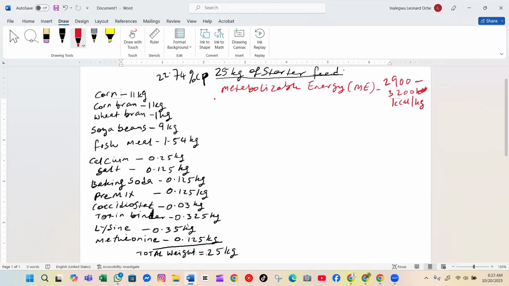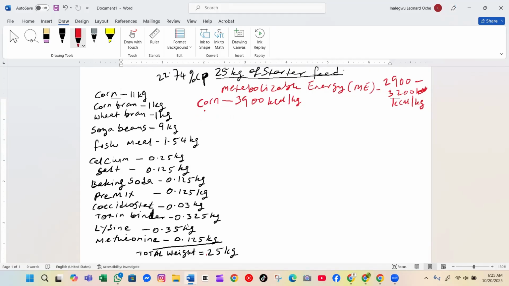So we'll start with the first raw material, which is corn. Okay, corn has a metabolizable energy of 3,900 kilocalorie per kg. Okay, so I will not repeat this kilocalorie per kg, just know that all the units are in kilocalorie per kg.